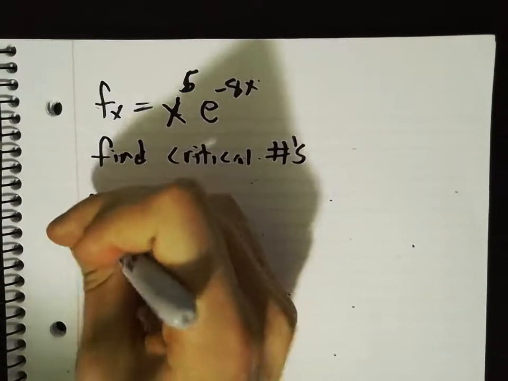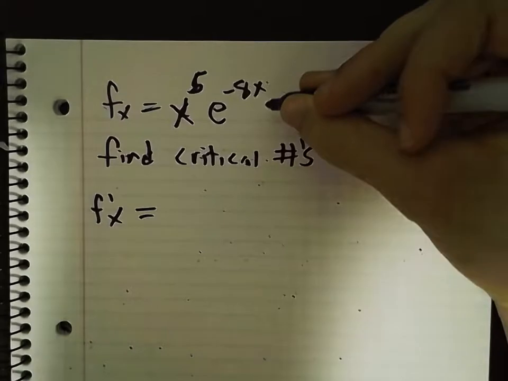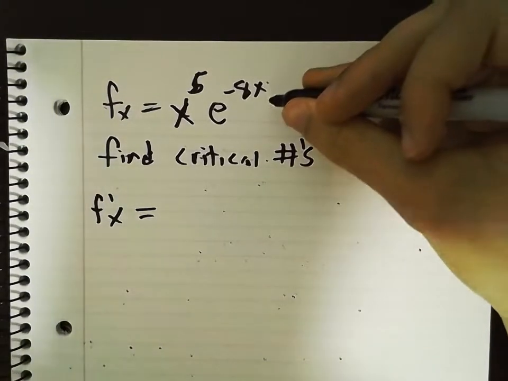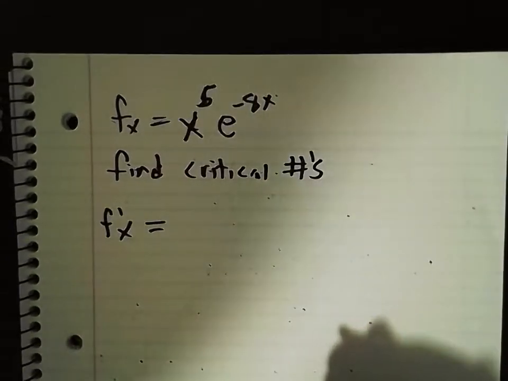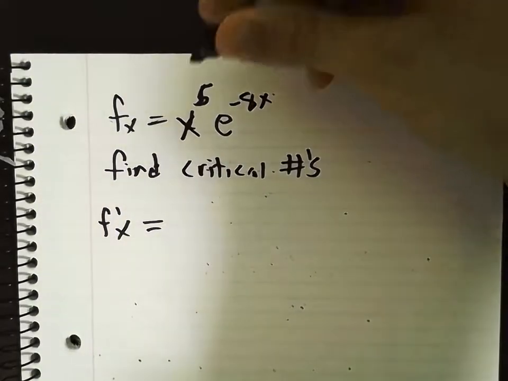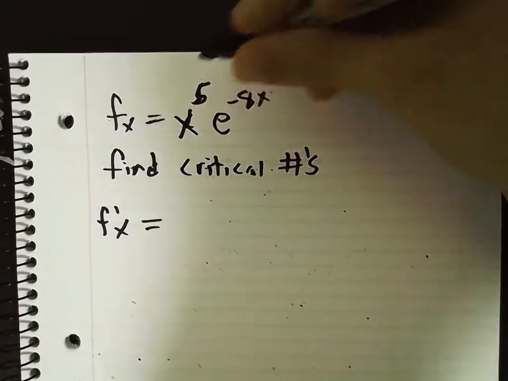So we have f prime of x equals, so for this we're going to have to do a combination of the chain rule and the power rule and the quotient rule. So quotient rule first, that is first times derivative of the second plus second times derivative of the first.